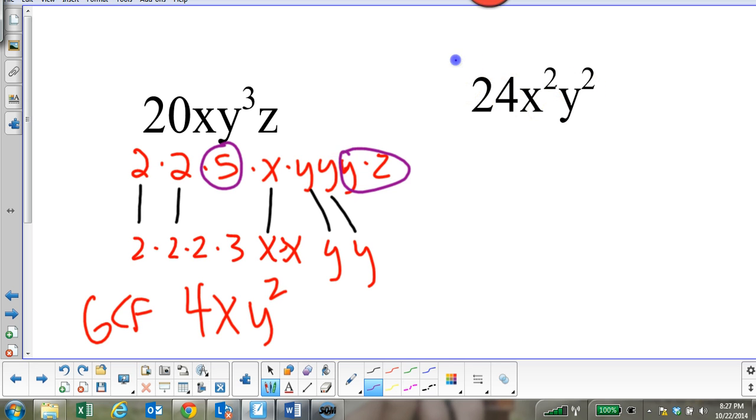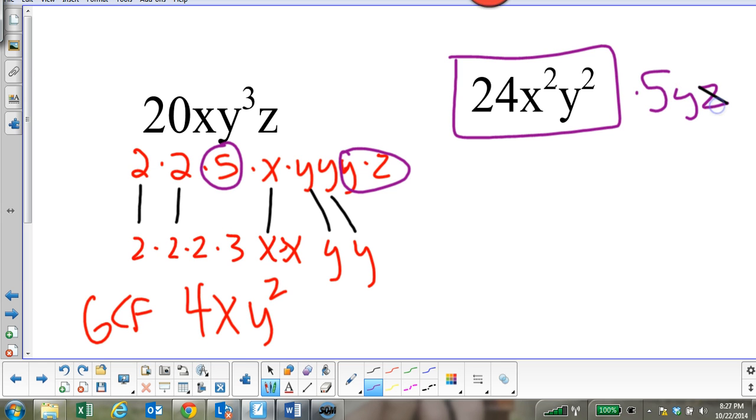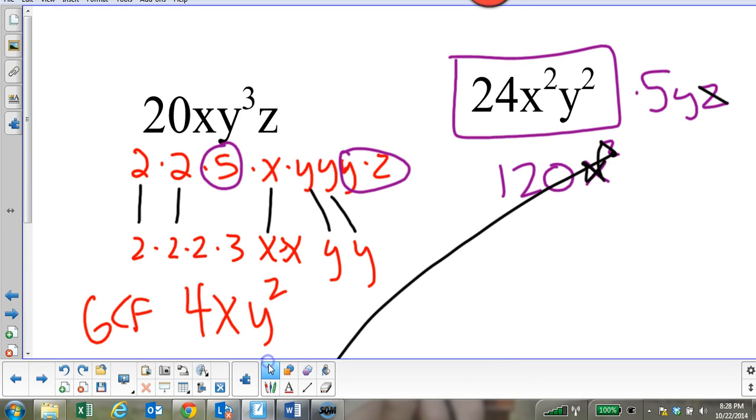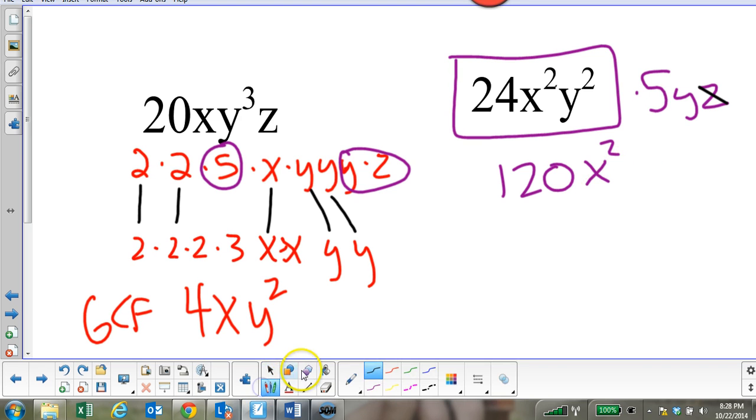So I really just need to take this number and multiply it by 5yz to get 120 x squared y to the second, here times one more y is y to the third, and then times z.